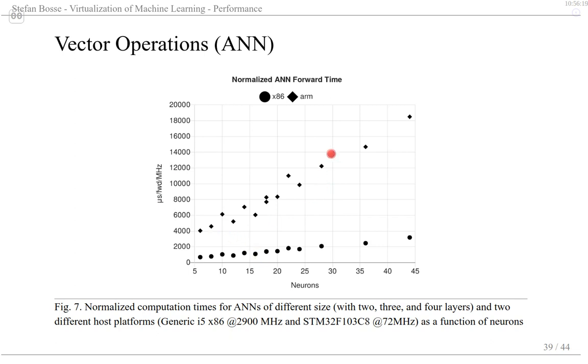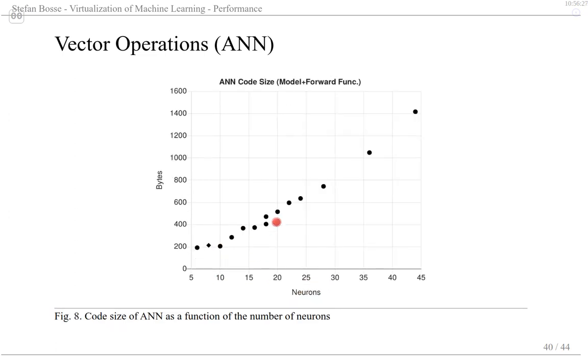You see it's more or less a linear scaling with respect to the number of neurons. Here you see the required code size, and it's really low. Even for medium-sized artificial neural networks with about 40 to 50 neurons, you need less than 1,500 bytes for code and data, both. So it's a very compact model.